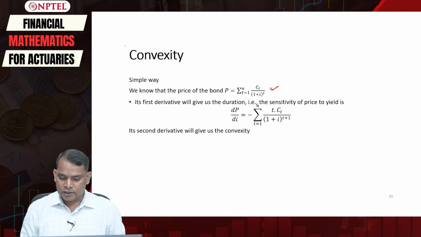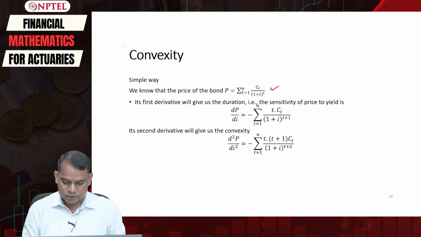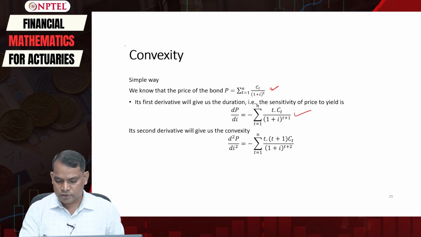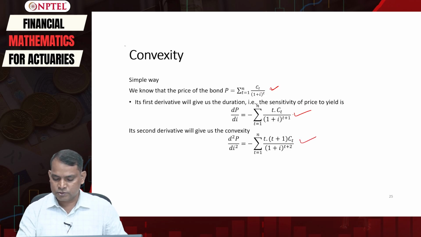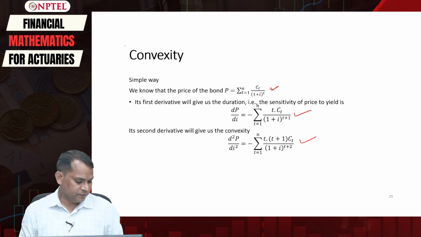Its second derivative will give us the convexity. So we take the second derivative, that is d2p by di square, which can be written as summation of t times t plus 1 times Ct divided by 1 plus I to the power t plus 2. This is the first derivative of p, and this is the second derivative of it. So this will give us the duration, while this gives us the convexity.